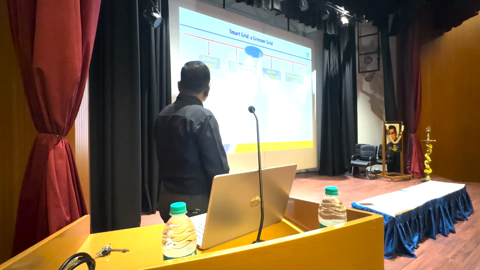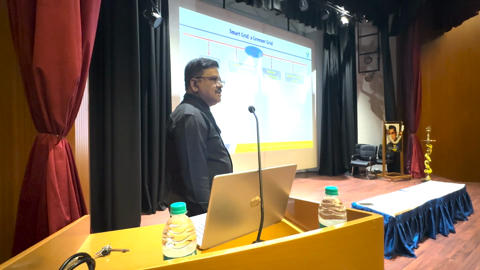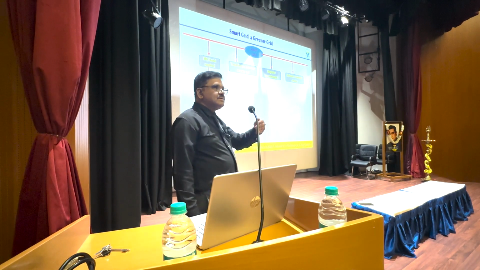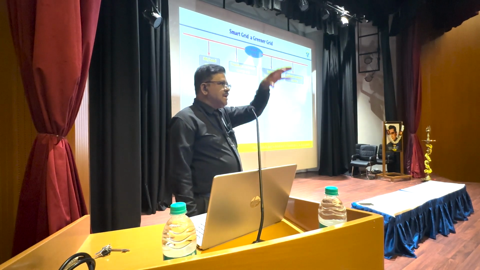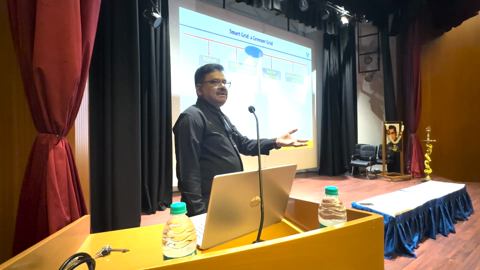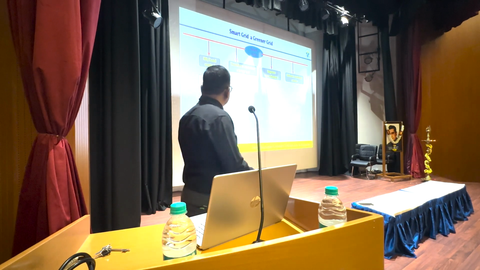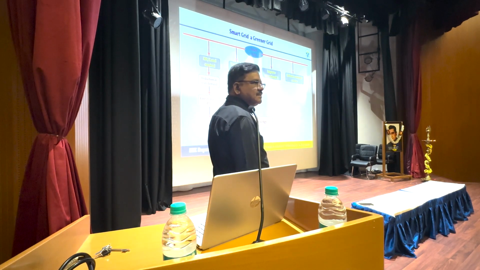So we can easily deploy the renewable energy sources. That means peak demand is reduced, usage is reduced, and you are integrating the renewable energy easily. So what is saved? You have saved energy here. So this leads to energy savings.